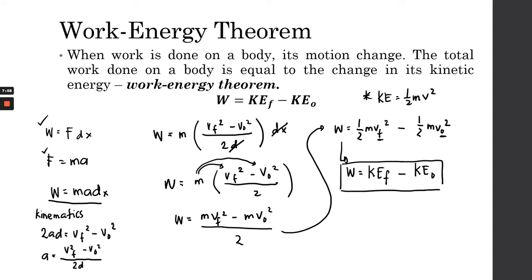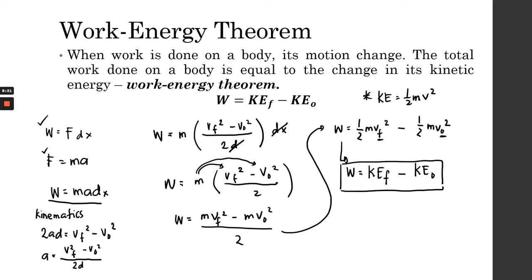This is how we got the equation, by using the definition of force and by applying the kinematics equation. Hence, we know that in order for us to get work, what we need is the final kinetic energy of the system minus its initial kinetic energy.